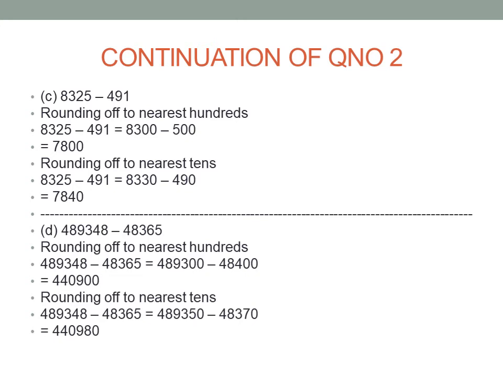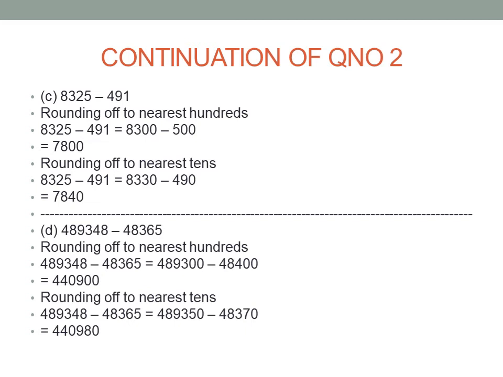Here we have to change only the tens digit, that is, whether it is near to the preceding value or the succeeding value. Now 48 will change to 50. 65 will change to 70.